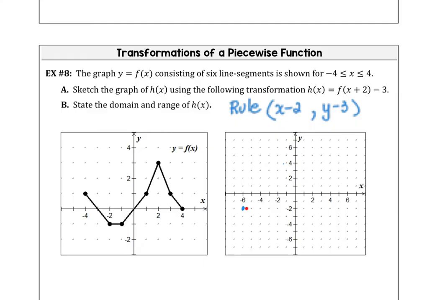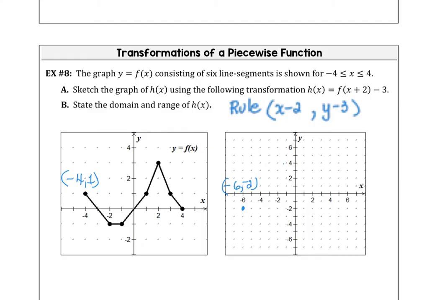We know that -6, -2 is the transformed point from -4, +1. Let's write that down. We started with -4, +1, and that transformed or translated to -6, -2.